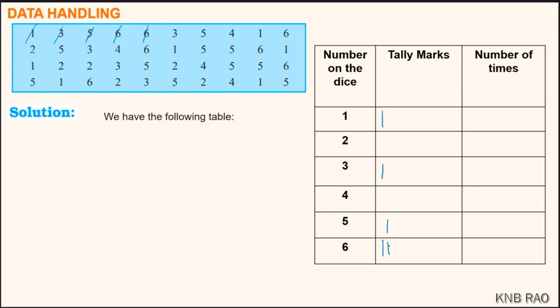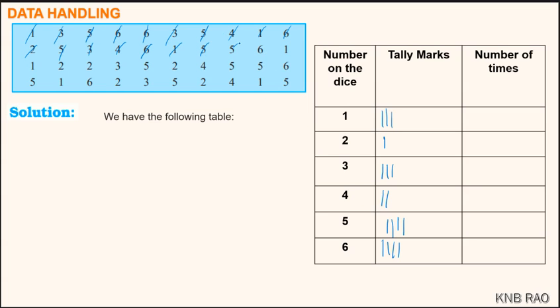I have taken 3 for the second time, 5 for the second time, 4 for the first time, 1 for the second time, 6 for the third time, 2 for the first time, 5 for the third time, 3 for the third time, 4 for the second time, 6 for the fourth time, 1 for the third time.